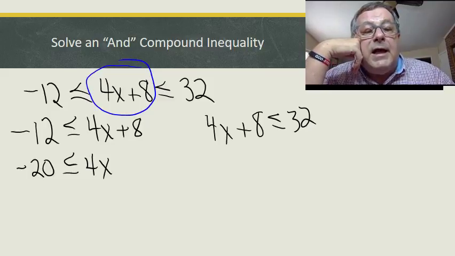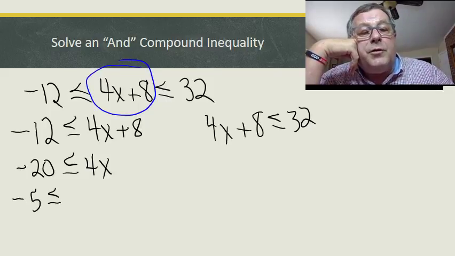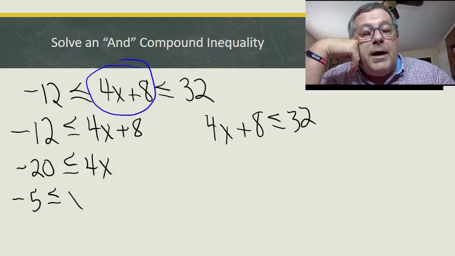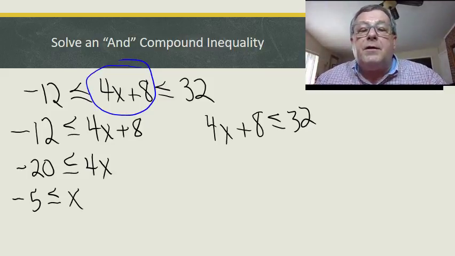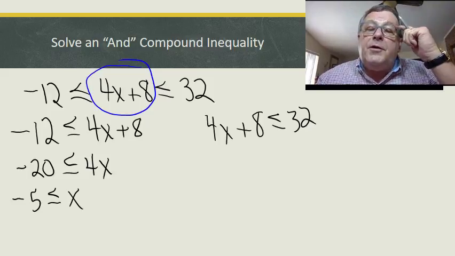I want to isolate the x. I'm going to do the inverse of this multiplication, 4 times x. I'm going to divide both sides of the equation by 4. And when I do, I'm going to have negative 5 is less than or equal to x. All right, now let's work on solving this second portion over here. So here we got 4x plus 8 is less than or equal to 32.